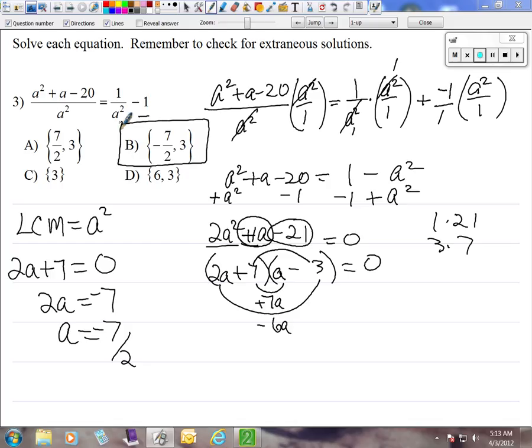You look to see if an answer has that singular result, and if that's the only one that has negative 7 halves, you got the answer. Now, if there's another answer that has a negative 7 halves and a different second answer, you'd have to check the next one, which is easy. We have a minus 3 equals 0. Add 3, we get 3, and now we see it's obviously B.